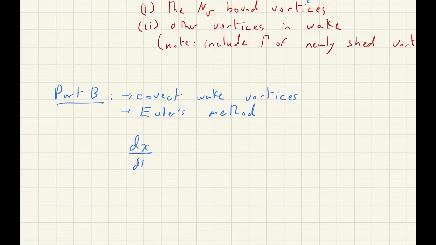That means dx/dt is equal to x at the new time, or let's say n plus 1, minus xn, over delta t. So this is a first order Euler.